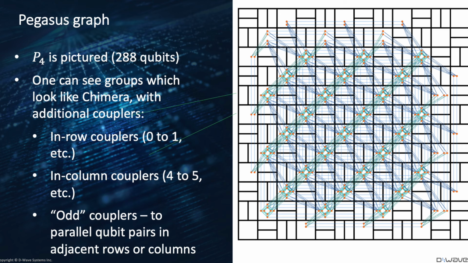Part of what those are there for is to connect those long rows, which wasn't possible in the Chimera. A lot of this redesigning, these in-row and in-column couplers, have a tremendous benefit in terms of increasing the connectivity of the lattice. That's one of the reasons they're there, to make it overall way more connected than it previously was.